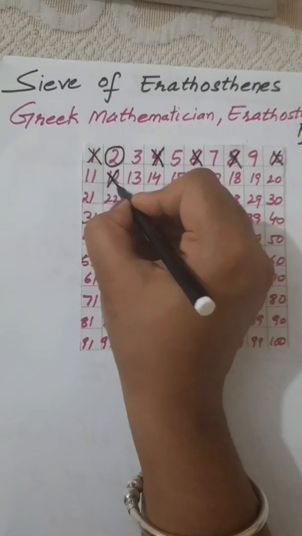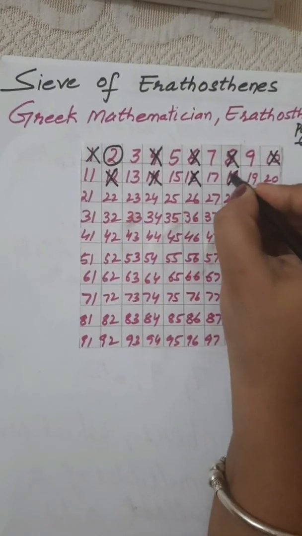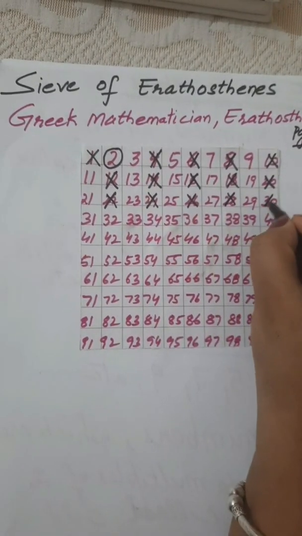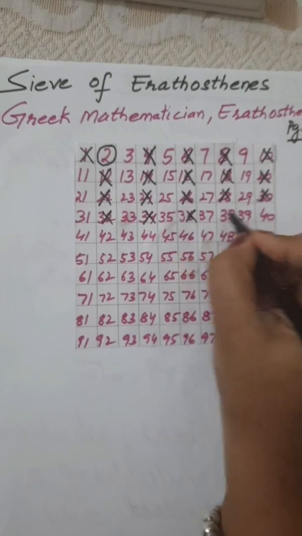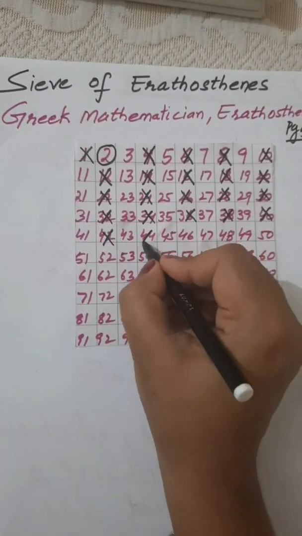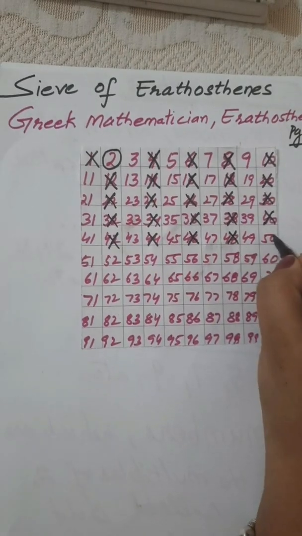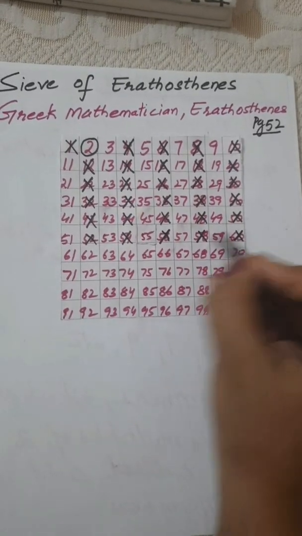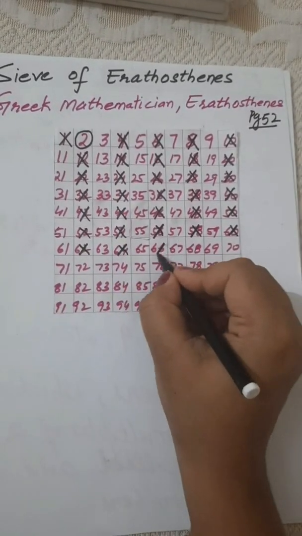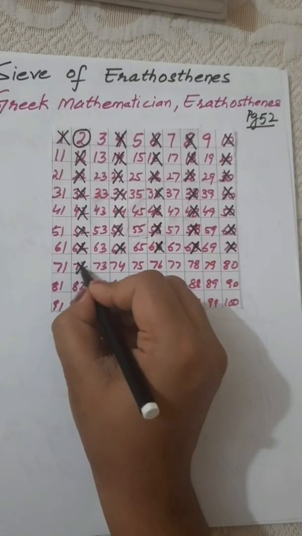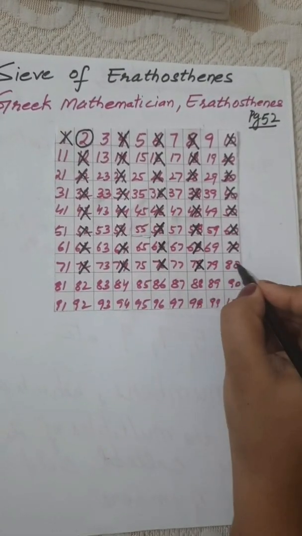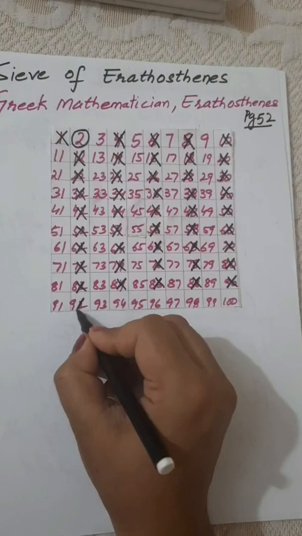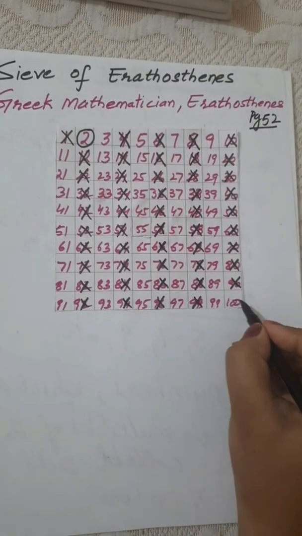Here we are crossing all the multiples of 2: 36, 38, 40, 42, 44, 46, 48, 50, 52, 54, 56, 58, 60, 62, 64, 66, 68, 70, 72, 74, 76, 78, 80, 82, 84, 86, 88, 90, 92, 94, 96, 98, 100.